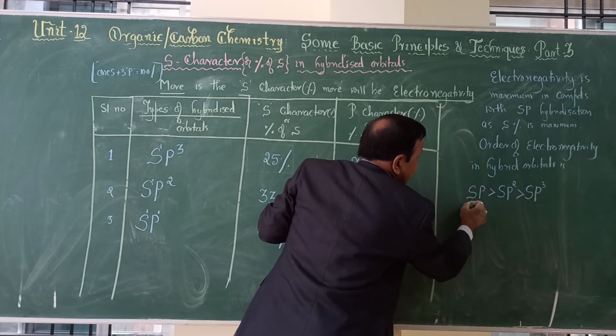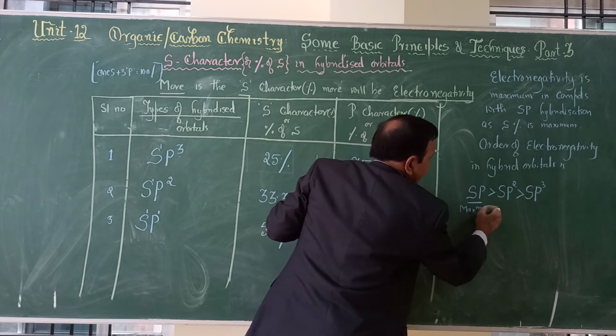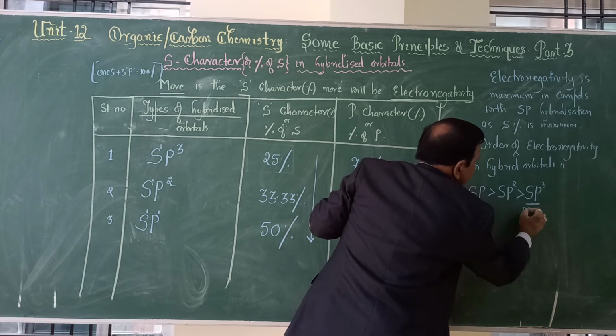That means in sp electronegativity is maximum and in sp3 it is minimum.